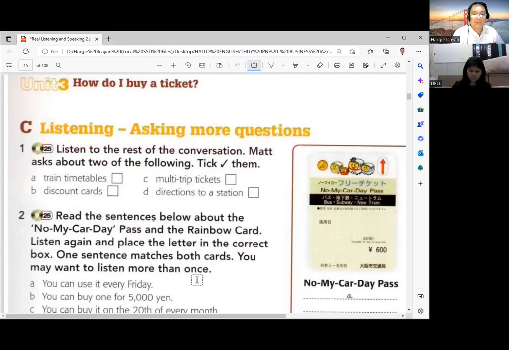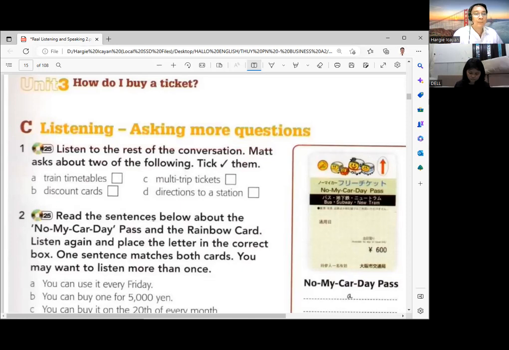Do I get this discount pass from normal ticket machines or from special ticket machines? You can buy them from all stations, from all ticket machines. Okay, right. The normal ticket machine. Okay. But if you travel every day, you can get the prepaid rainbow card. You cannot get a discount with it, but it's very useful because you don't need to buy a ticket before you get on the train. So, how often do I need to buy a rainbow card? Not each morning, perhaps only once a week.